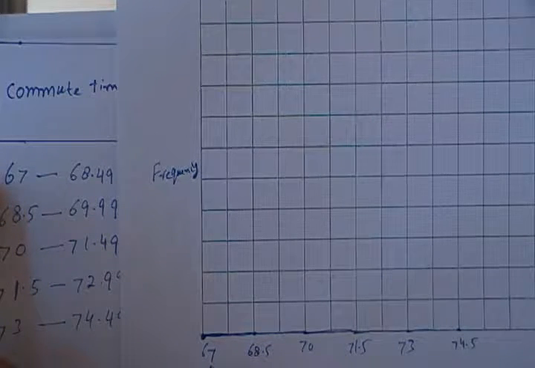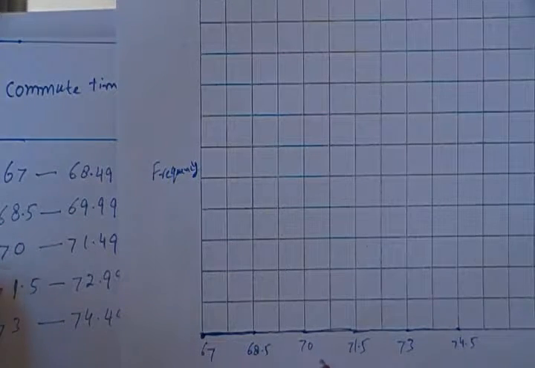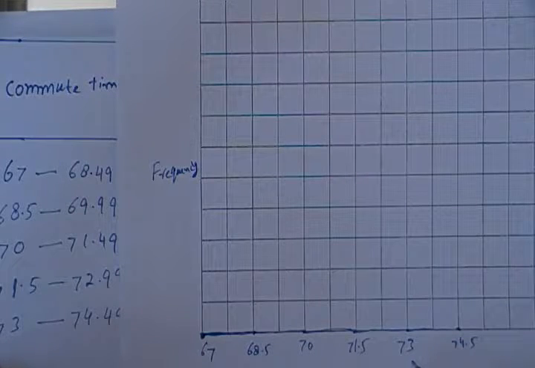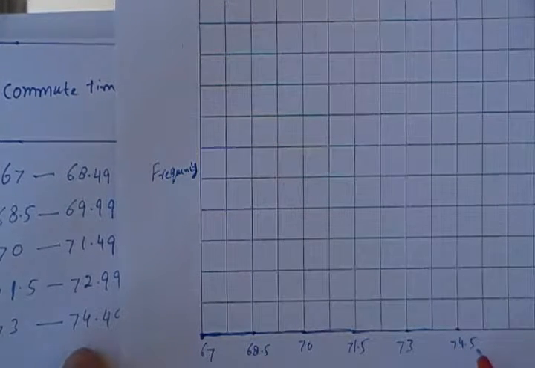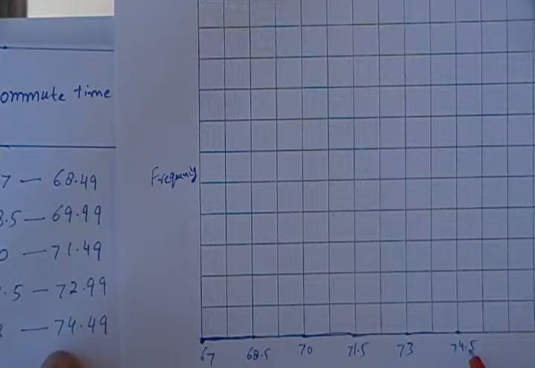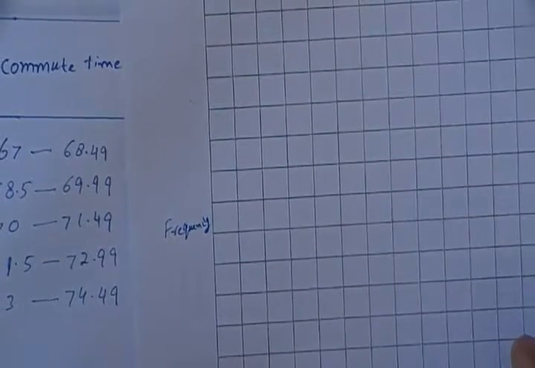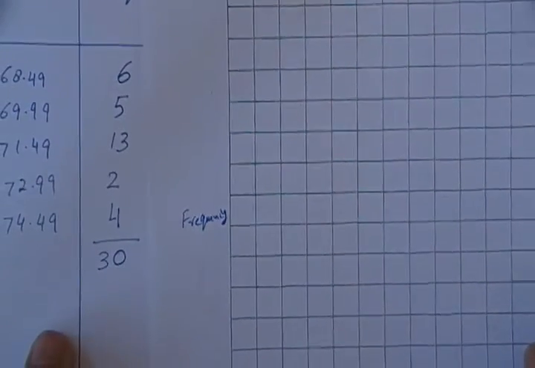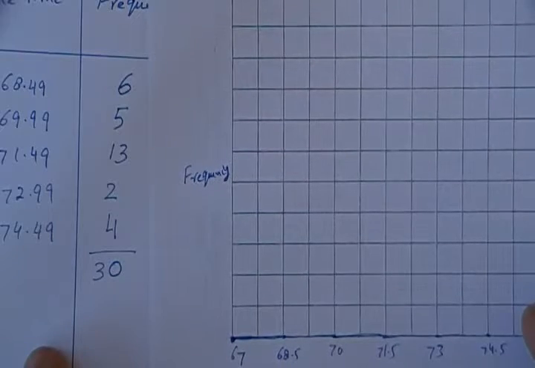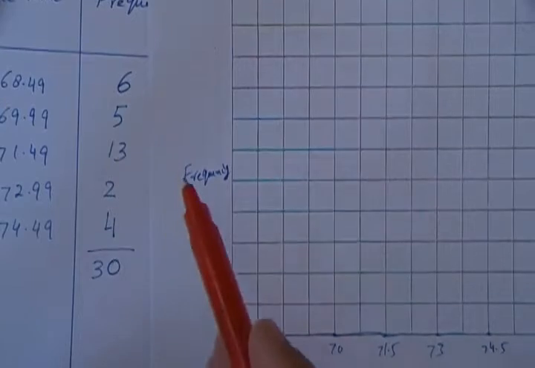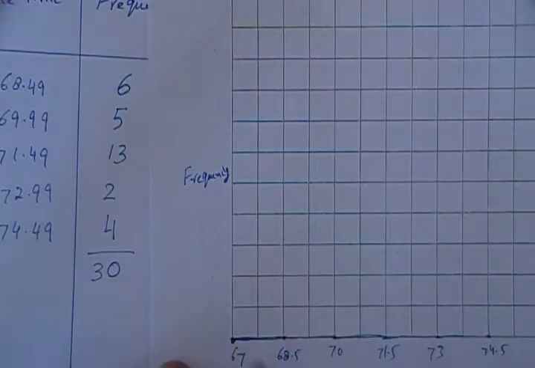Keep the same width and just keep the lower limits here: the lower limit of each class, 67, 68.5, 70, 71.5, 73, and for the last class you add the class width to get the next limit, 74.5. Next we have to do the frequencies. We are making bars, and the height of each bar or rectangle should be the length of the frequency.